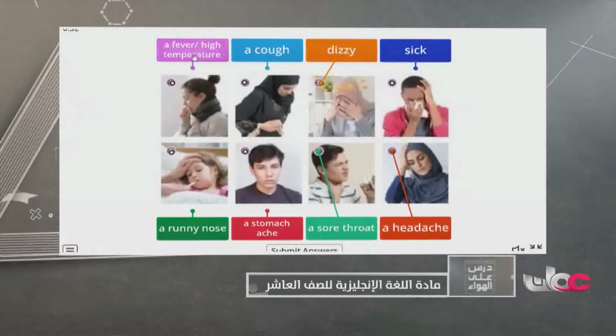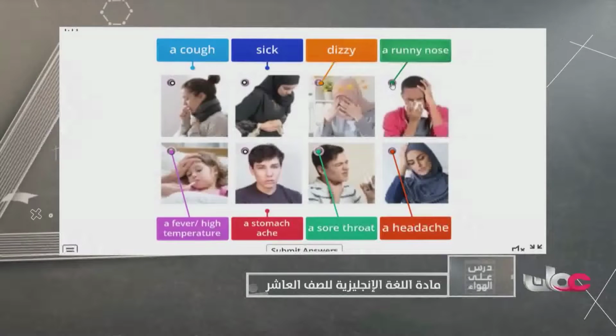Then, who is suffering from high temperature? Look at this little lady. I think she is suffering from fever or high temperature. And a runny nose. Look at this person. He is putting, I think, tissue and covering his nose. And we have cough. Which one is suffering from cough or has got a cough?